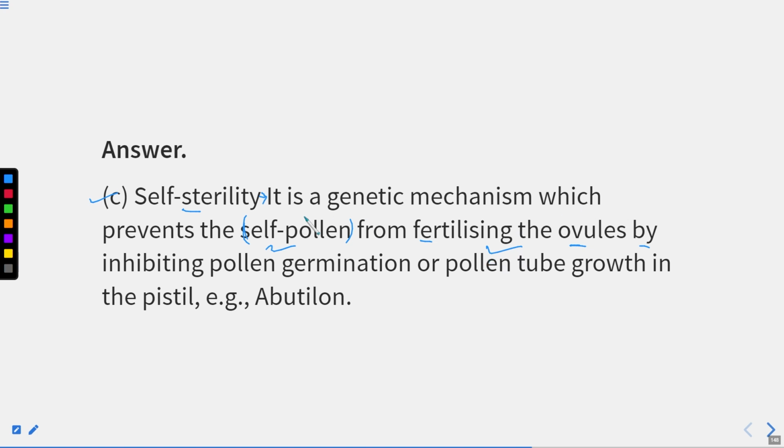This is seen in a plant known as abutilon, in which self-sterility is seen. The pollen is not able to fertilize the ovules. You should write self-pollen: the pollen of the same plant is not able to fertilize the ovule of the same flower.